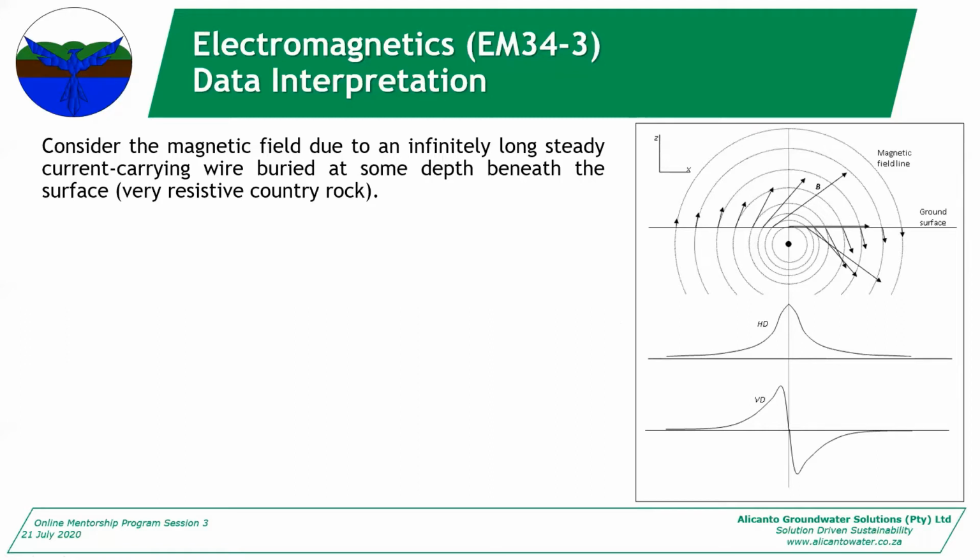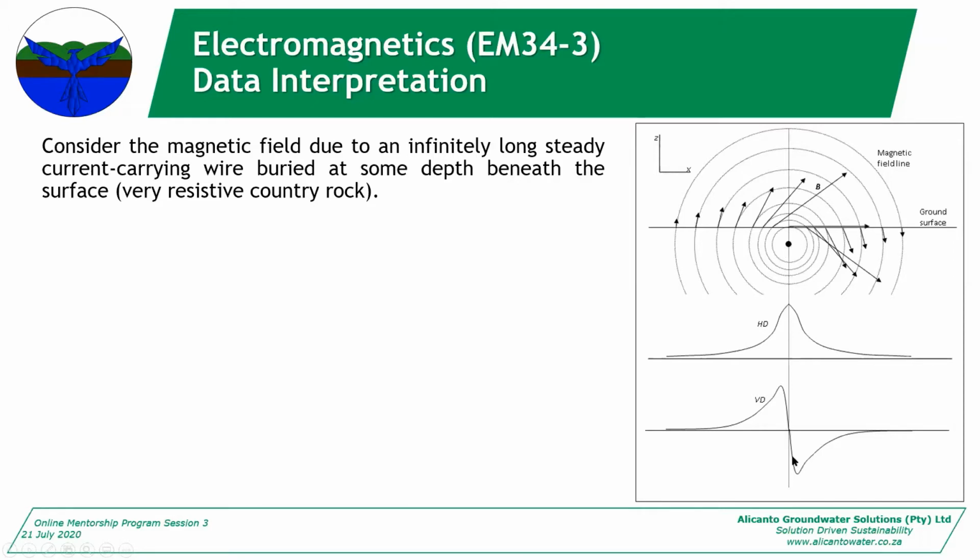Okay, so you can see these two are pretty symmetrical. On your horizontal dipole, this one goes up, then it goes down. And then your vertical dipole goes up here, crosses 0. So this is your 0 line on the y-axis. It crosses 0 here at your body, your wire or whatever you want to call it, your pipe.